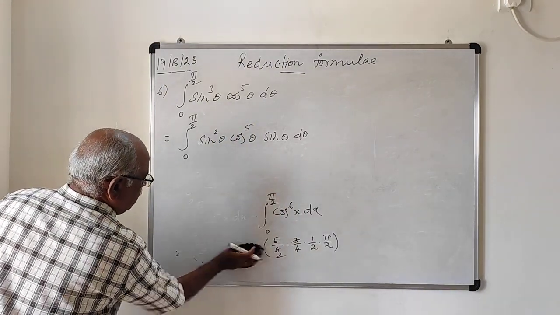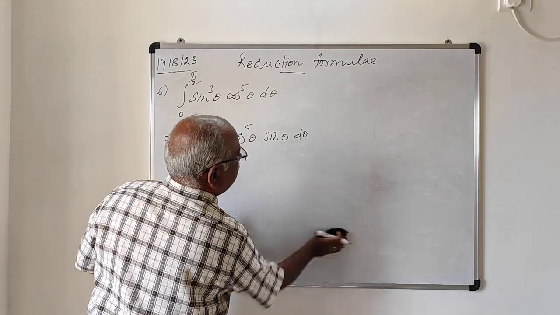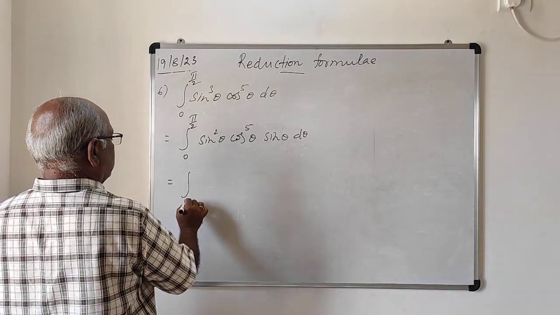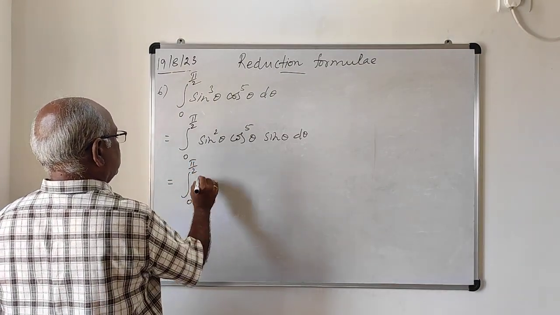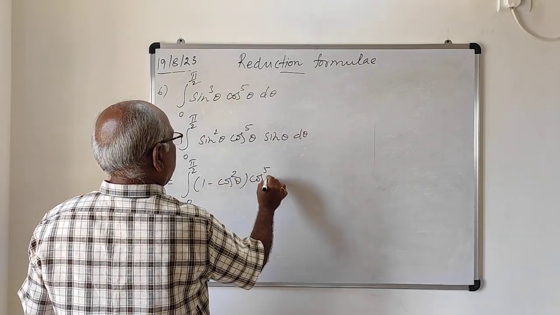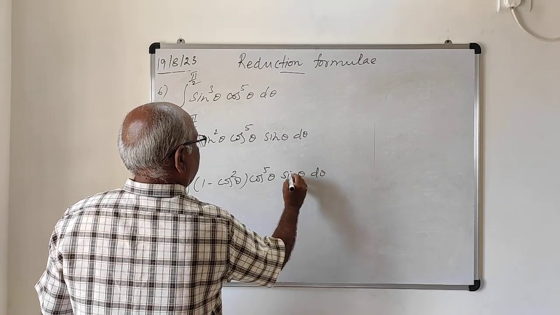Now, the sin square theta can be expressed in terms of cos square by using trigonometric identity. This is equal to integral 0 to pi by 2 of sin square theta, I can write as 1 minus cos square theta, again cos power 5 theta into sin theta d theta.